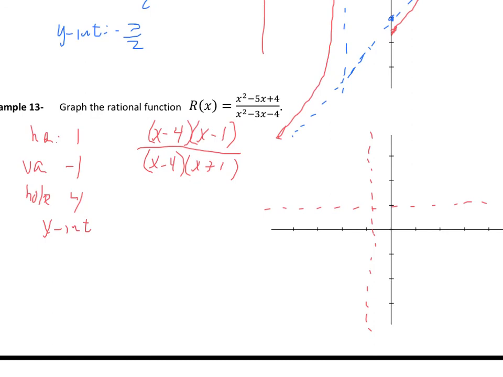So they should be at 4 and 1, correct? But what do we have at 4? We have a hole, so our only x-intercept is at 1. So put a dot there. Okay, what about our y-intercept? Yeah, y-intercept is at negative 1.